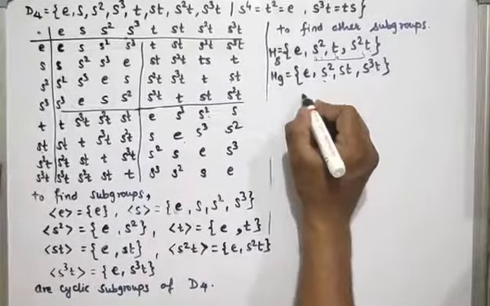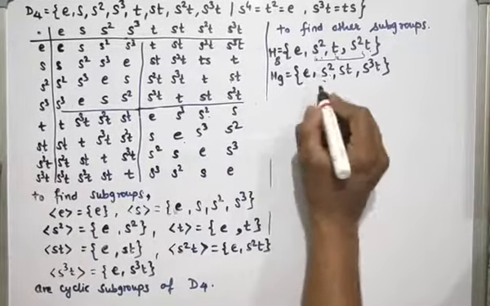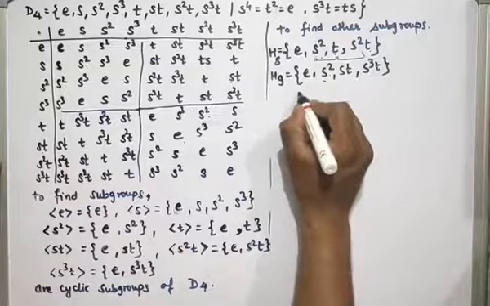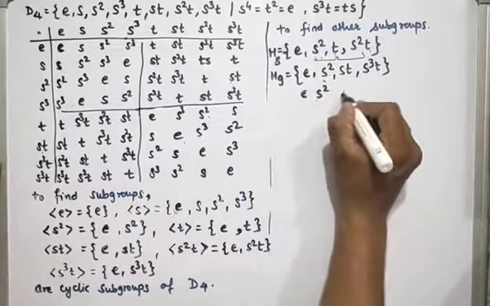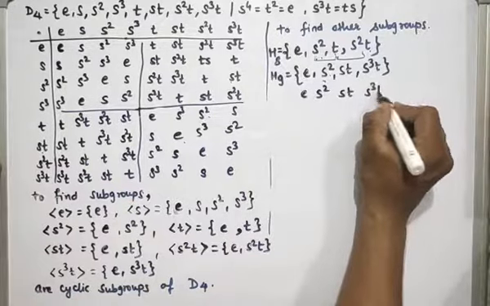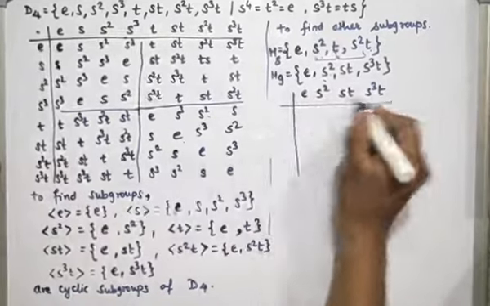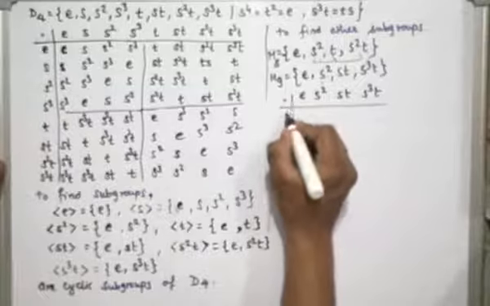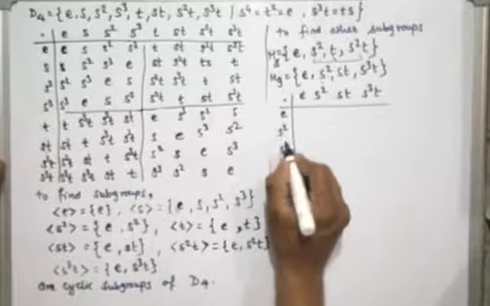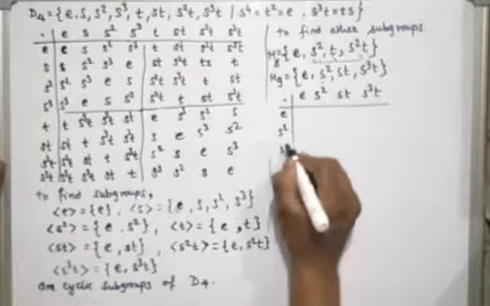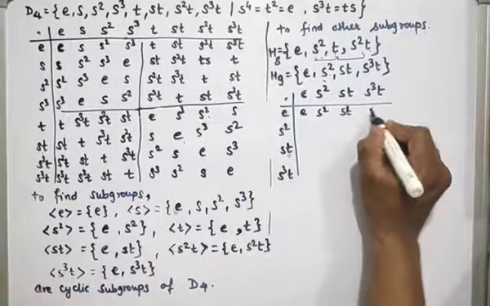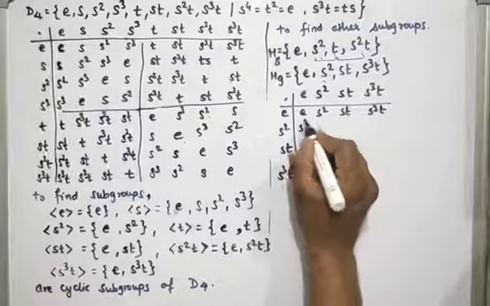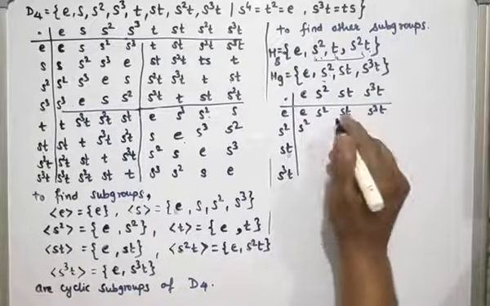Let us check that this is a subgroup by finding the composition table. Under multiplication, we have identity, S square, ST and S cube T. S square times S square, S raised to 4, means identity.